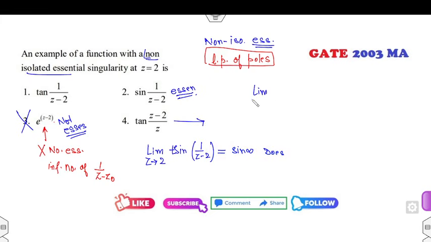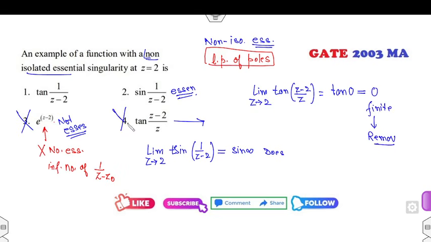As the limit z approaches 2 of tan of (z minus 2) over z, that will give you tan of 0, that is 0. That is a finite term. Once it's finite, we will call it a removable singularity. But we need an essential singularity. Look at the first option. What is the limit at z = 2? That will be tan of infinity.